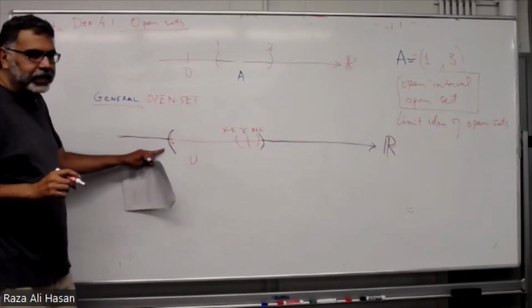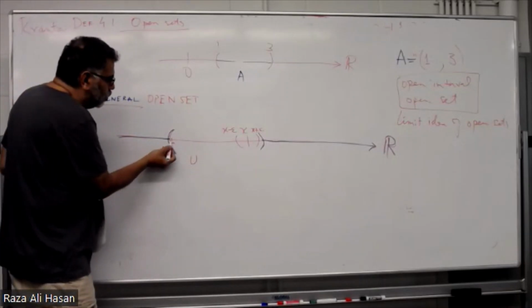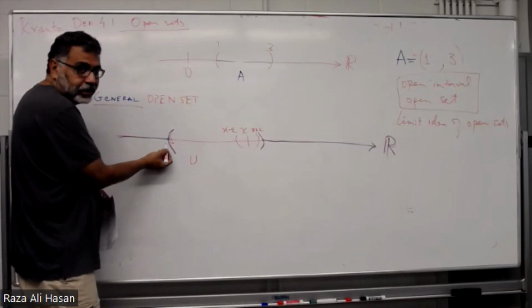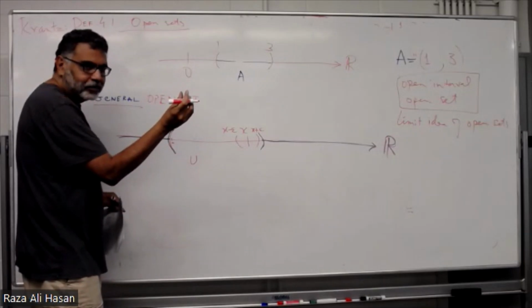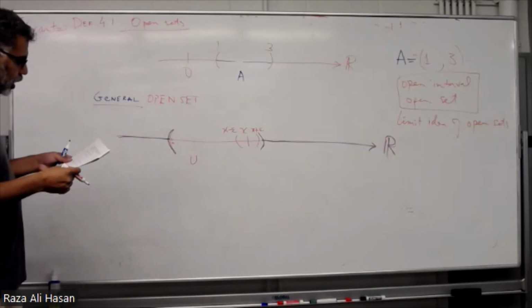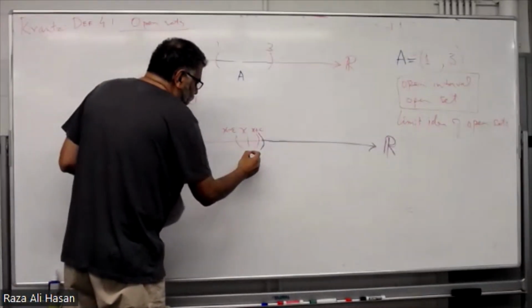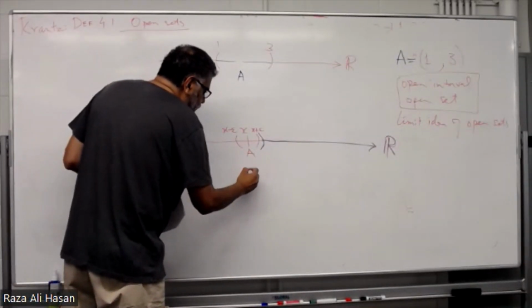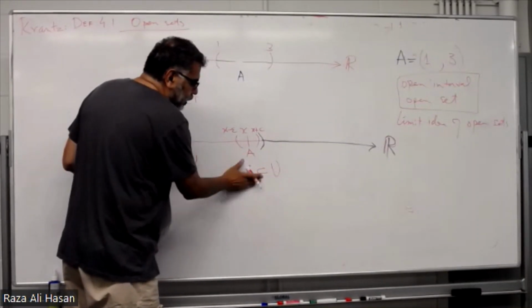All I have to do is make the epsilon very small. I can go to the left of this X, and I just have to make the epsilon smaller, and it will still be inside U. So in other words, this interval here, if I call this A, is within U completely.